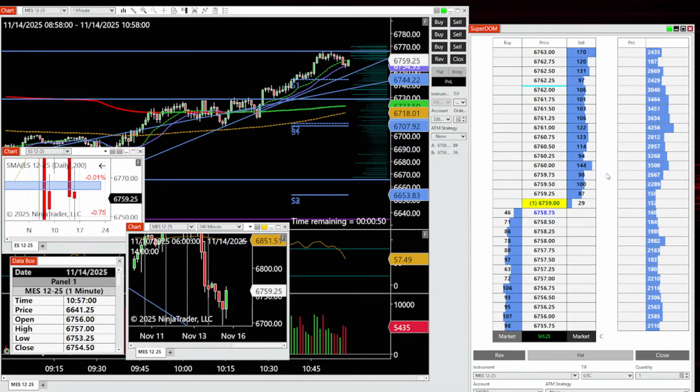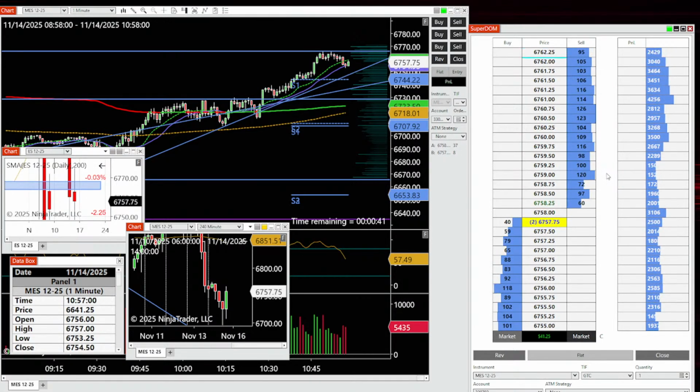Okay, we getting some bounce. So buyers may not be out of the picture yet. Getting some bounce. Trying to see when the buyers give up and it just pops. See if we get back over 60.